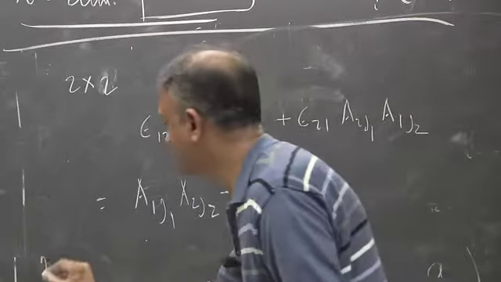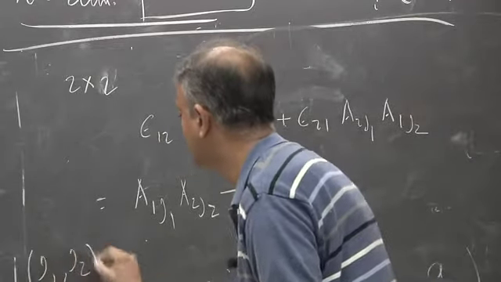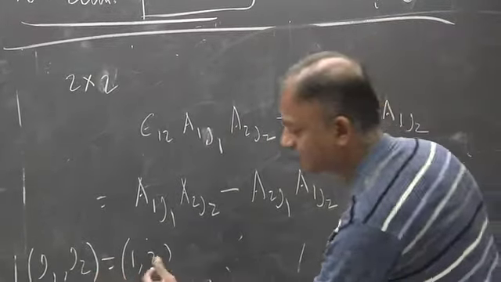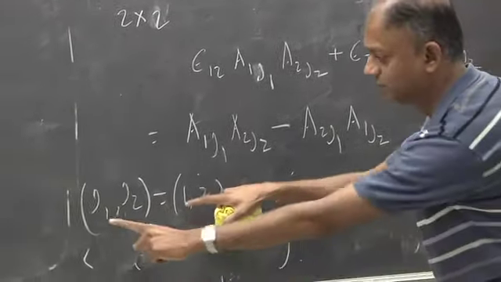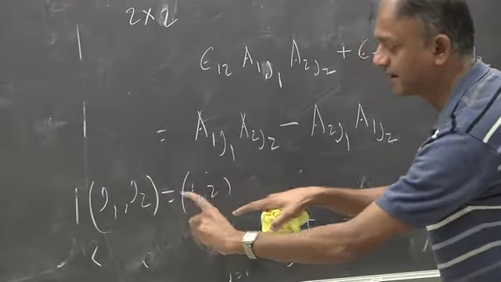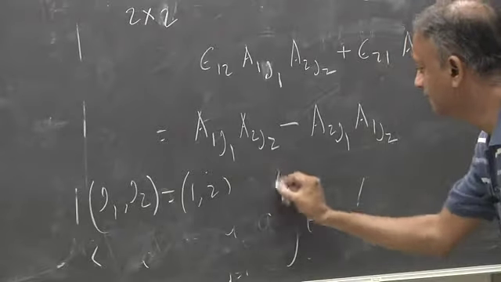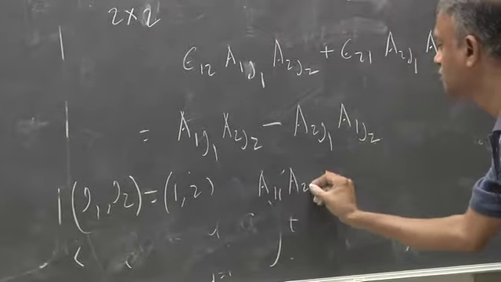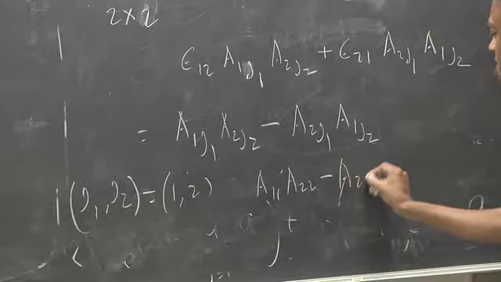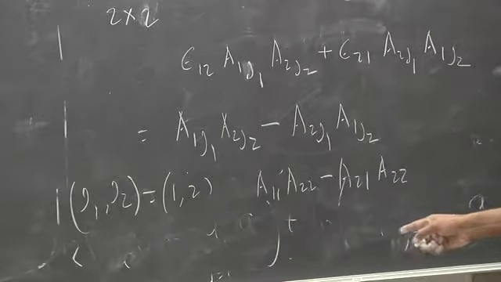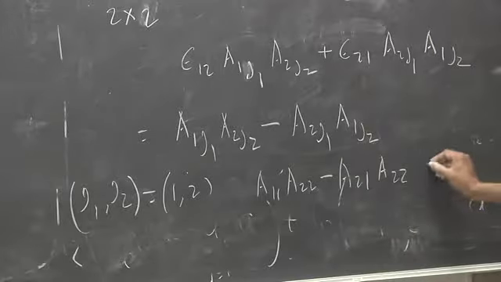Let's consider the case where j1 and j2 are 1 and 2. In this case, you get simply a11, a22 minus a21, a12. But that you recognize as the determinant of a 2 by 2 matrix. This is the determinant of A.